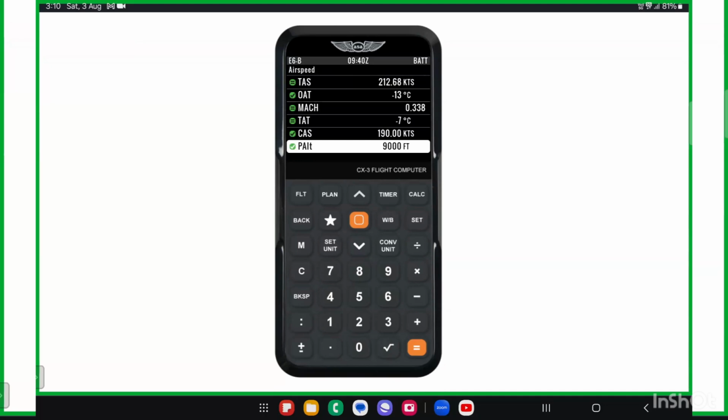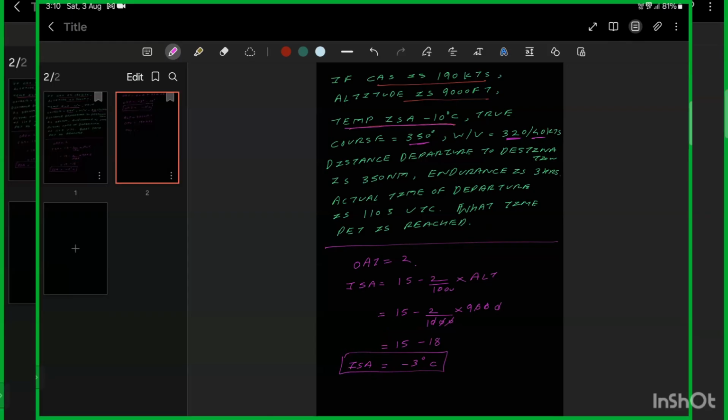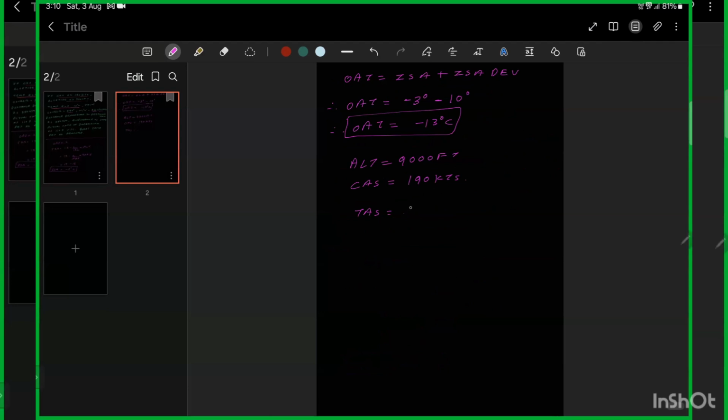Yes or no? You guys got till here? Yes, madam. Okay. Now we will go back. We will write it in our book. TAS we got 212.68 knots. Clear?